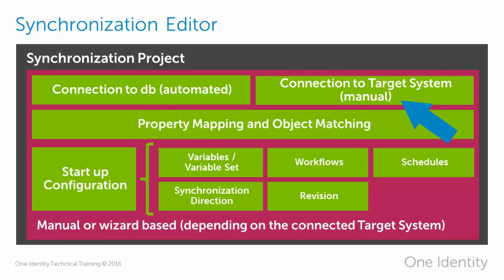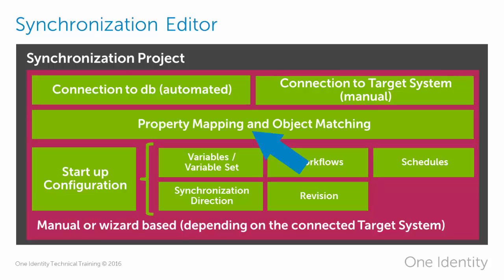The connection to the target system is the one that has to be configured for every synchronization project. There are different configuration steps, and this depends on the target system type. For example, an LDAP will be connected completely differently than a CSV file. Another part is the property mapping and the object matching.